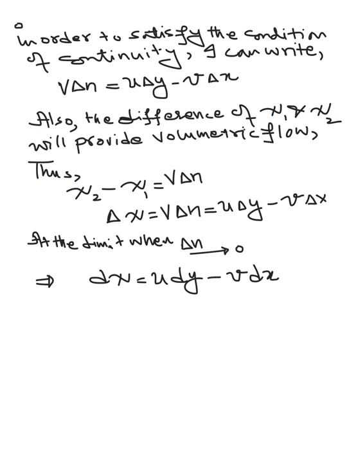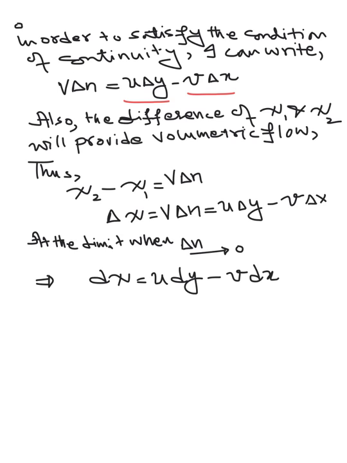Now subsequently, to satisfy the flow continuity, I can also write down the volumetric flow rate in terms of the components of velocities, that is, fluid coming out from the normal and fluid coming out from the horizontal surface of that element.